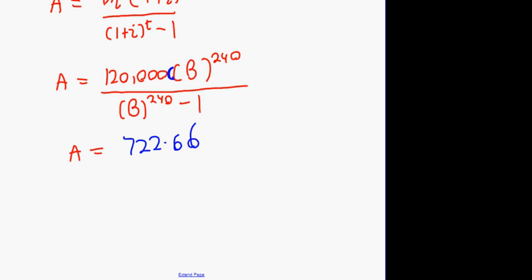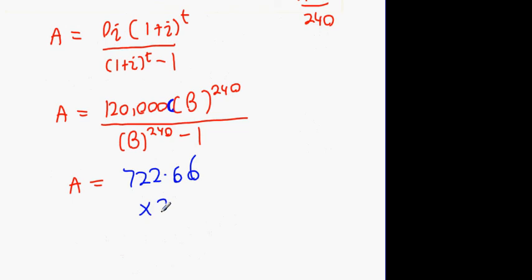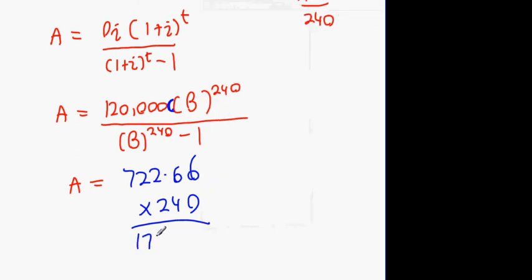And then what it's asking us to do next is, having calculated Robert's monthly repayments, calculate the total interest repaid as a percentage of the original borrowing. So look, we're going to do 240 months at this amount. So multiply that by 240. And we get 173,439.